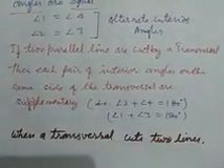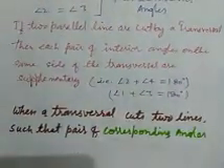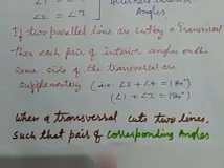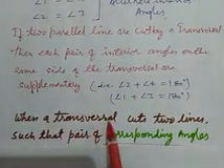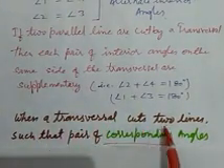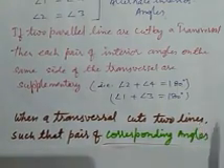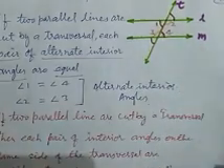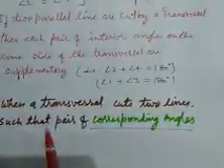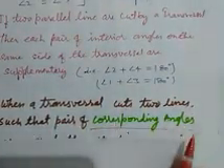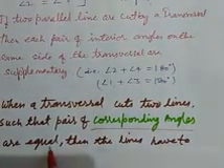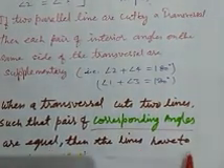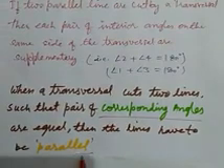Okay. Now we check another thing. When a transversal cuts two lines, as here this transversal cuts two lines, such that a pair of corresponding angles are equal, then the lines have to be parallel.